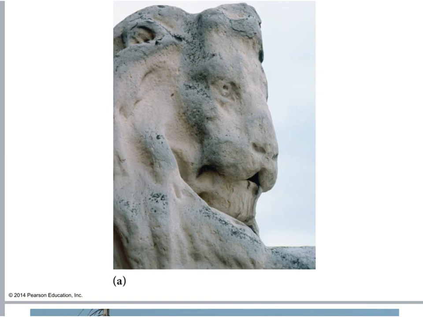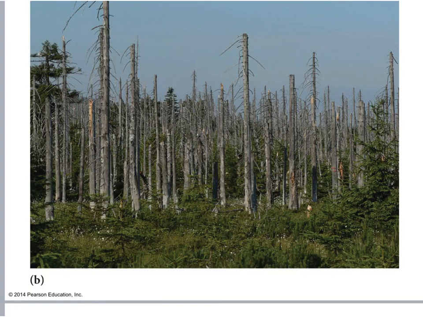You've probably heard of that before. And again, these statues are typically made up of some kind of carbonate, and they're being dissolved, as well as massive problems with forests and trees dying off from acid rain.